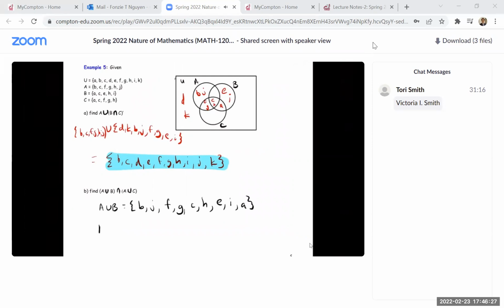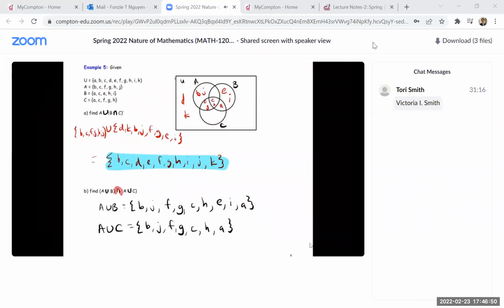All right, and then let's do A union C. That's going to be everything in A and C: B, J, F, G, C, H, A. Yeah, you got it. Sounds good.